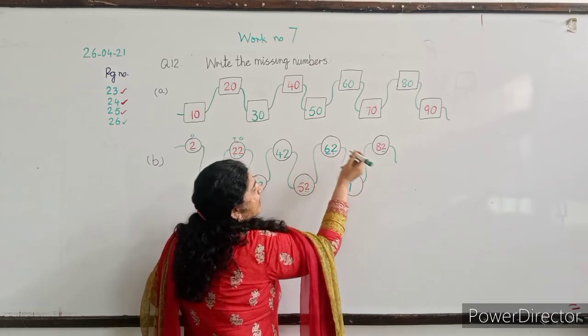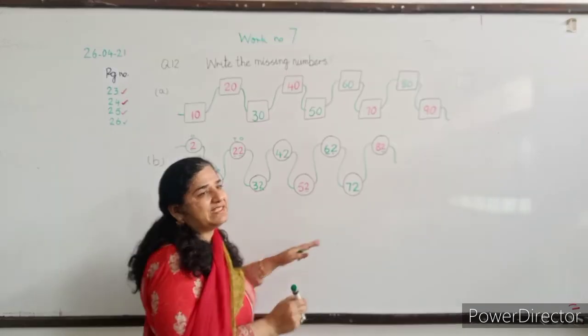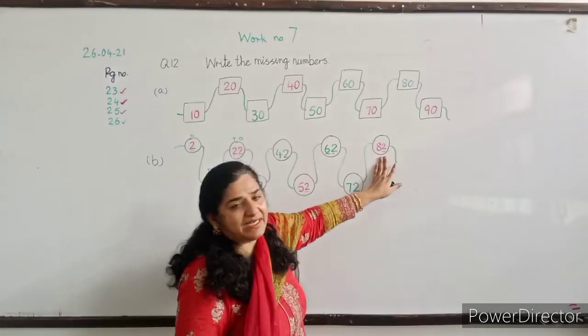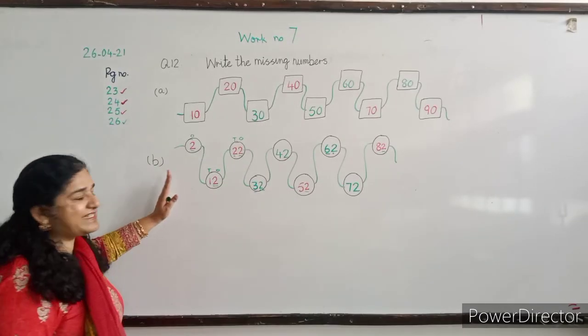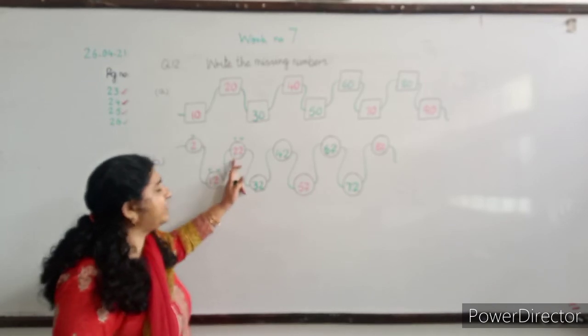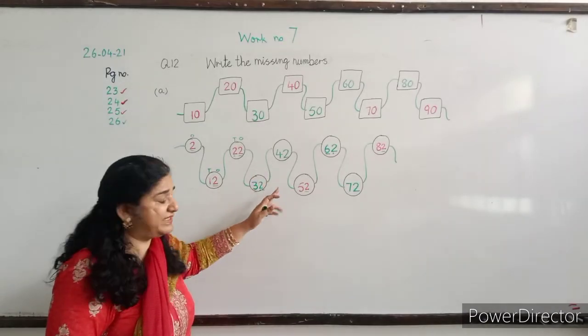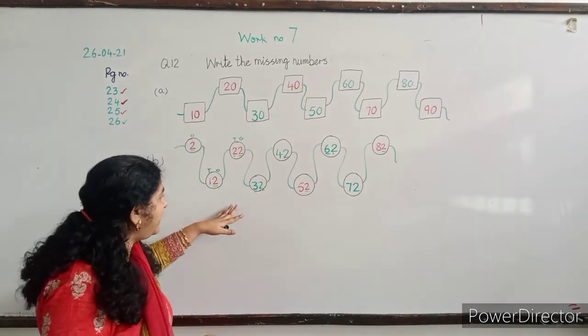And ones will remain the same. 7 tens and 2 ones. And then the last is done. Okay, children. Easy? Remember, you just have to change the tens in the jump of tens. Ones will remain the same. Okay?